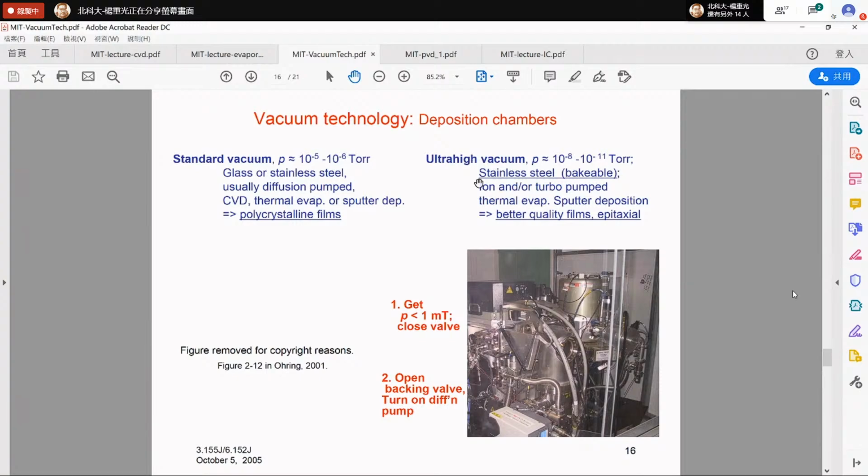And there is another vacuum called ultra high vacuum, which is 10 to the minus 8 to 10 to the minus 11 torr. And this is the case when we are doing material characterization.